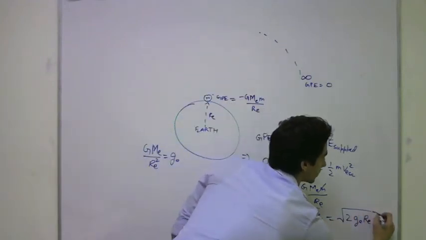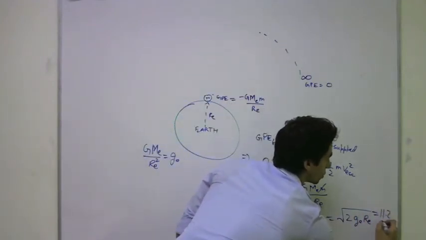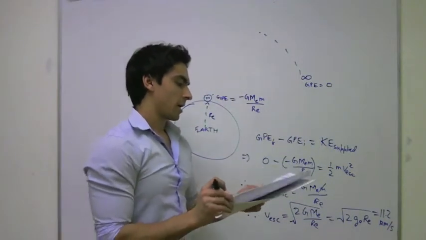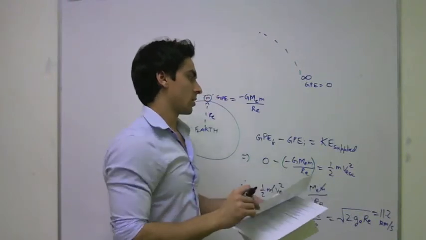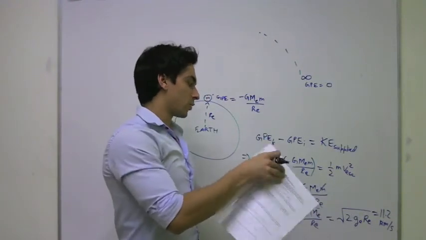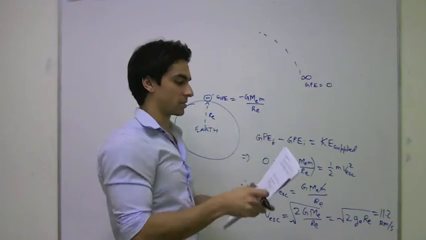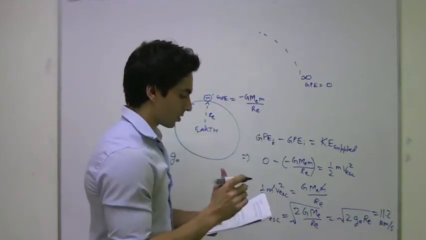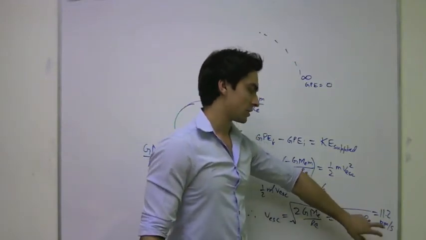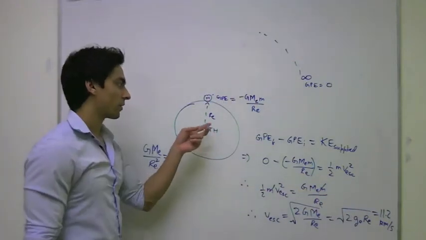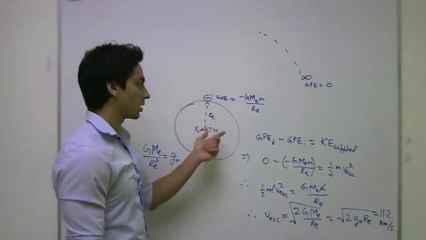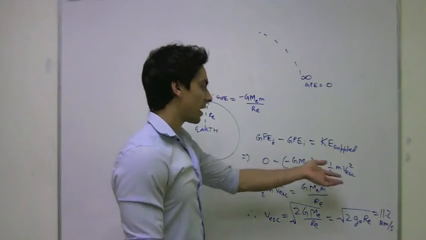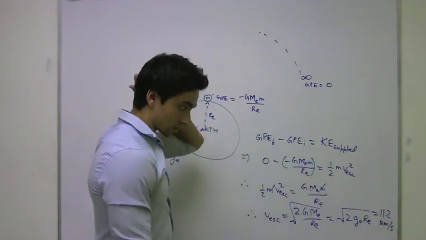So this will yield a value of about 11.2 kilometers per second, which means that if an object were to gain an initial velocity of about 11.2 kilometers per second at the Earth's surface, it should be able to escape the Earth's gravitational field. Now remember that this is an ideal case which ignores the effects of energy loss due to air resistance and other factors as well. But in the ideal scenario, this would be the answer.